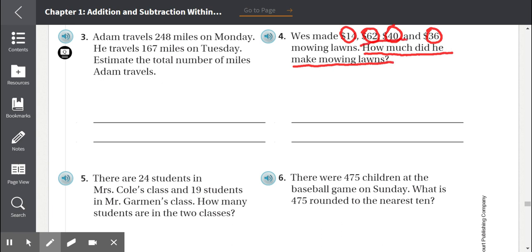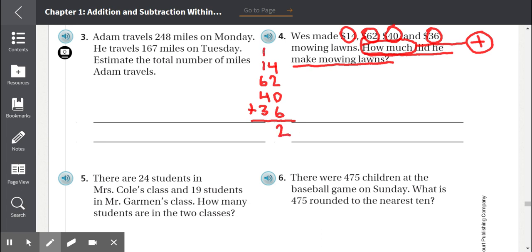Now we know how much means to add. So I put a plus sign here because we know we're going to be adding. So let's start adding. 14 plus 62 plus 40 plus 36. 4 plus 2 is 6. 6 plus 0 is 6. 6 plus 6 is 12.